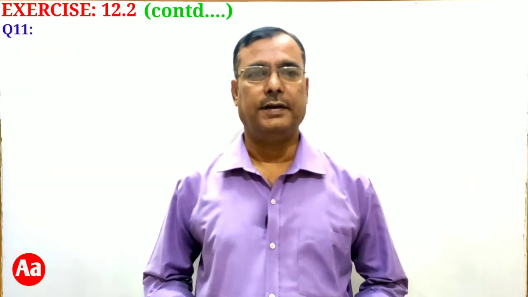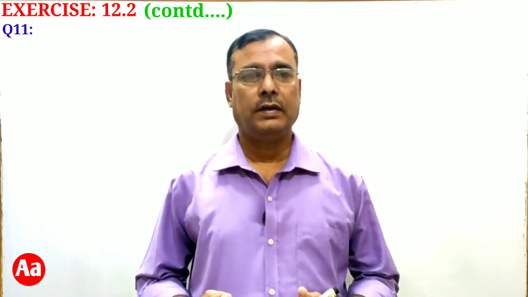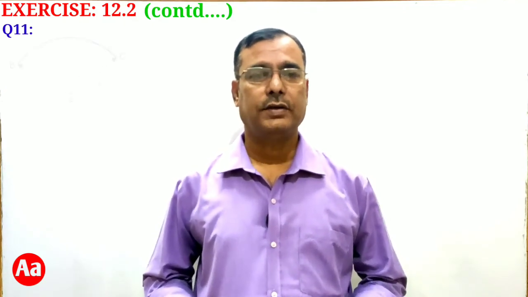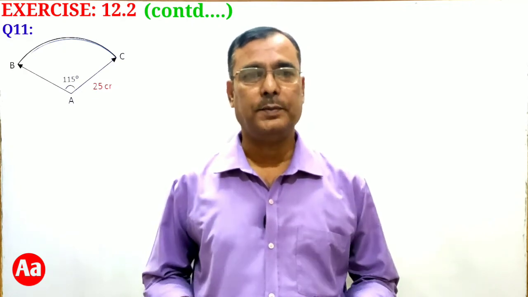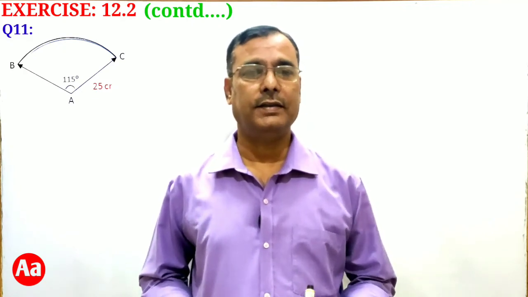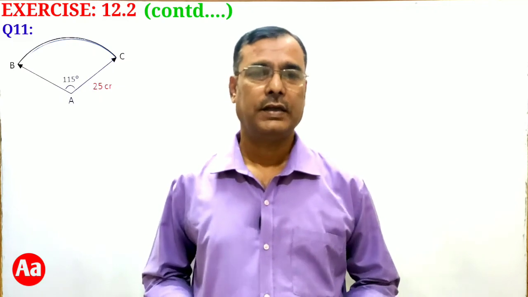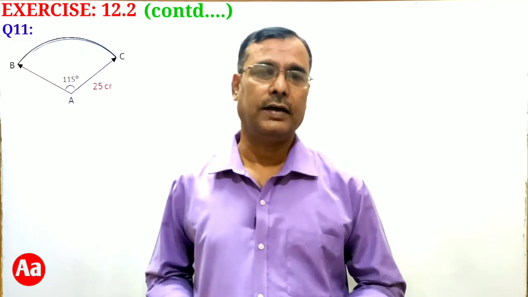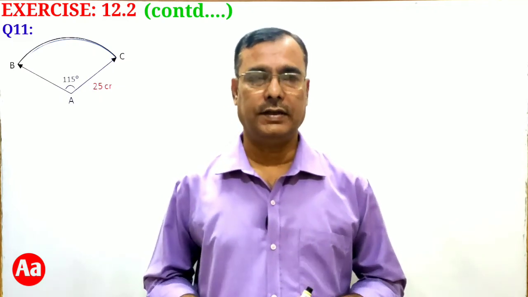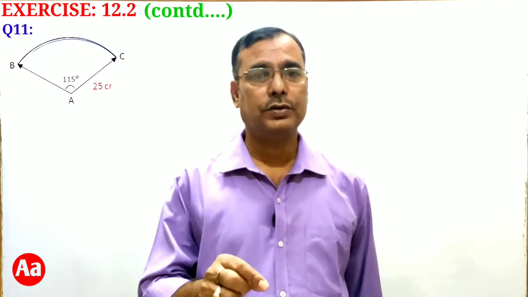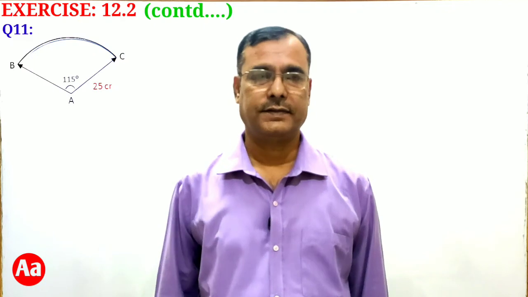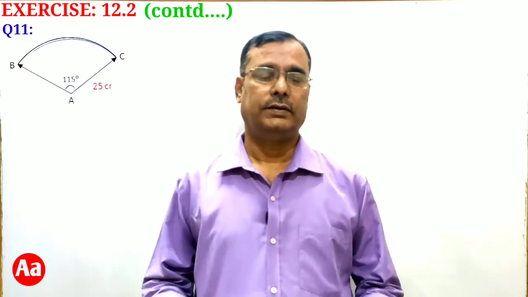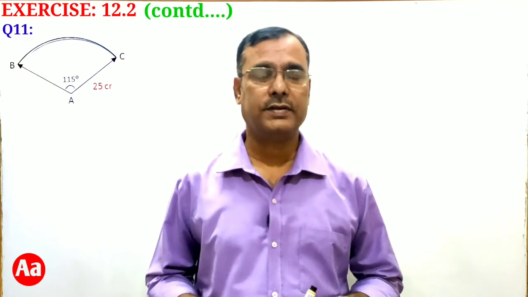Question number 11. A car has two wipers which do not overlap. Each wiper has a blade of length 25 centimeter sweeping through an angle of 115 degrees. Find total area cleaned at each sweep of the blades. In this question there are two wipers.